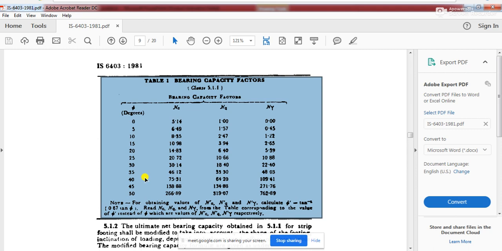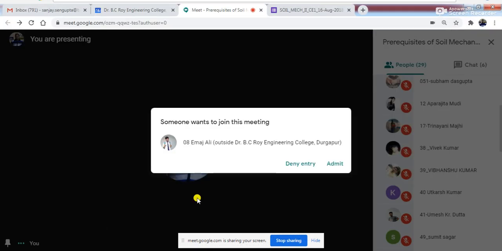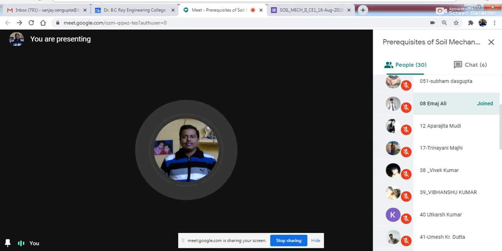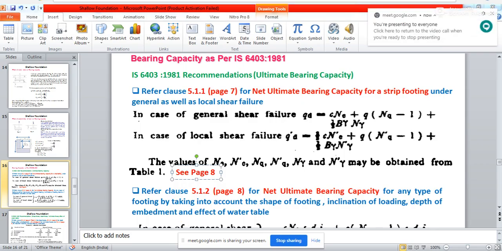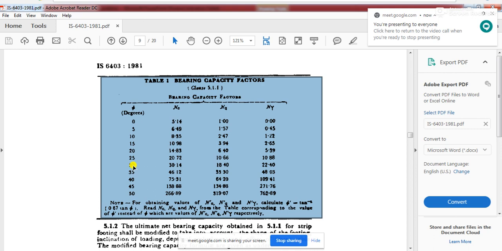So in between, if you have an angle of internal friction, let's say 39 degrees, then how do you find out the value of N_c, N_q, N_gamma? I have earlier explained to you through interpolation how you should get the values of N_c, N_q and N_gamma. You remember? Let's say if the 30 degree value is given and the 35 degree value is given, and you want to find out for 32 degrees, how do you find it out?